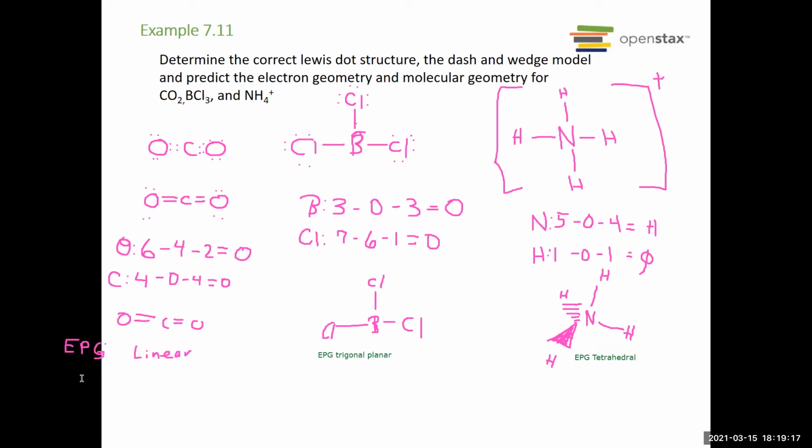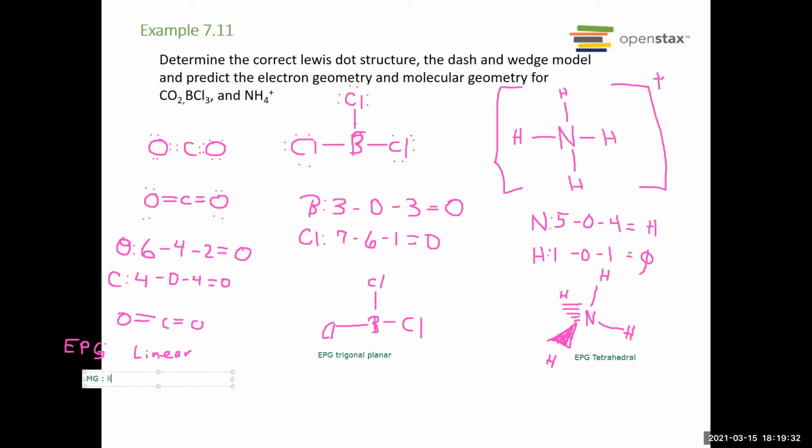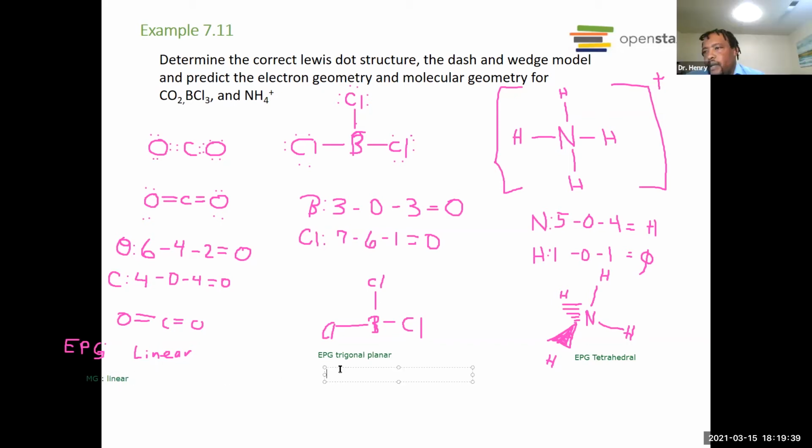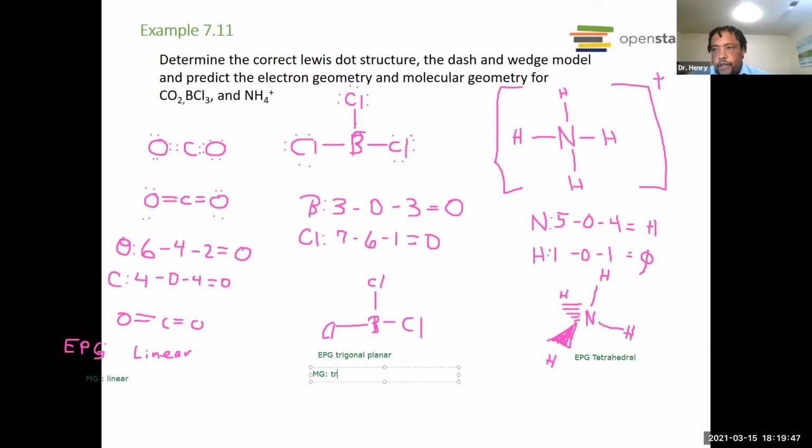Okay. What about the molecular geometry for carbon dioxide? Wouldn't it be the same? Linear. Right. What about for boron trichloride? Same.